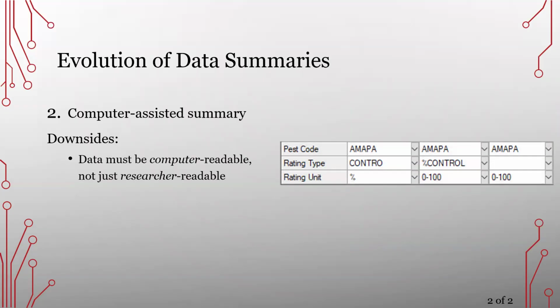Computers are very literal. So although a researcher can instantly understand that untreated check is the same thing as UTC, people have slight variations in their treatment list, or that percent control is the same as CONTRO in the rating type, a computer thinks those are totally different. They don't literally match, so clearly they're different things.